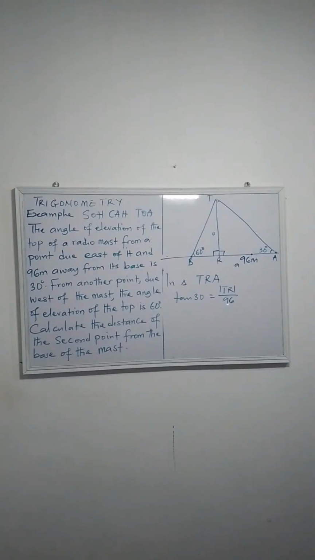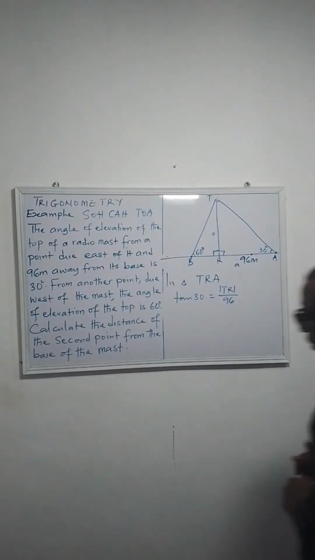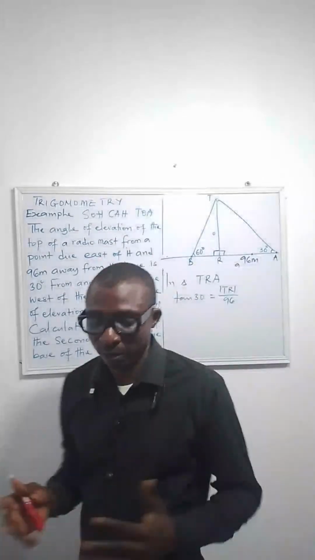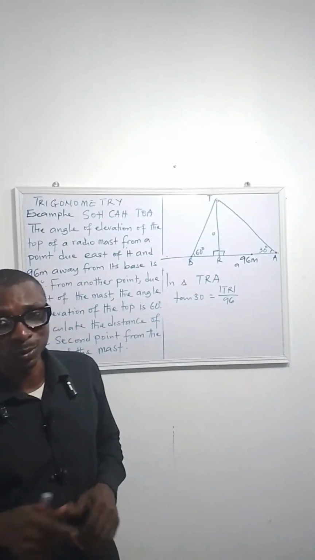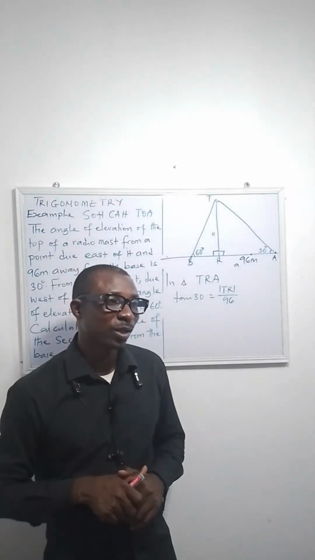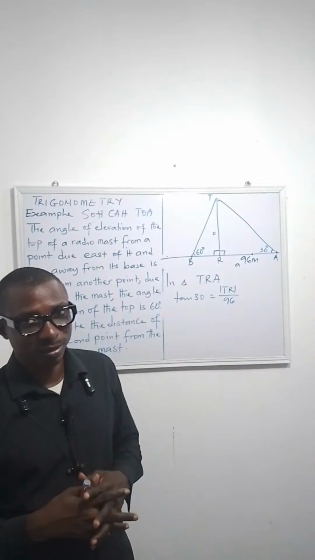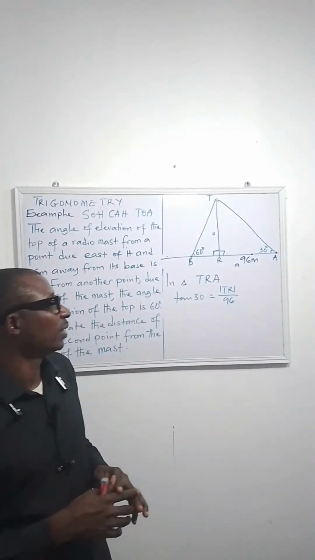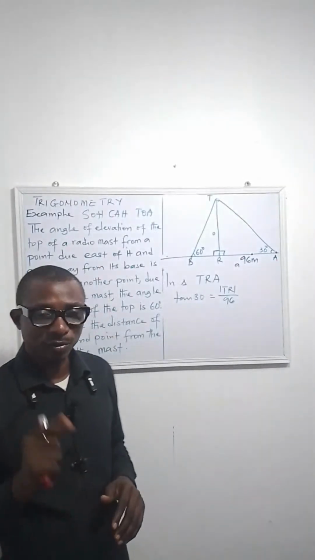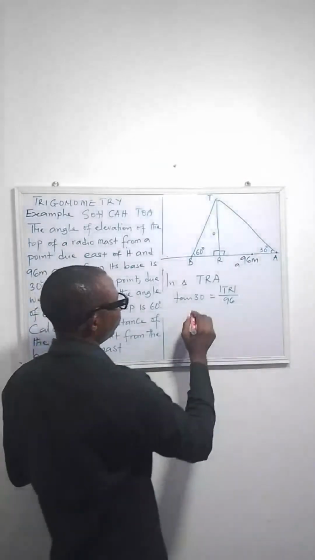I want you guys to put your hands together for yourselves. You are doing well, honestly. And I want to believe you are not checking your notes somewhere. Okay, good. You must master all these things because we derived all of them. So the answer is actually 1 over square root of 3. That's very good of you.